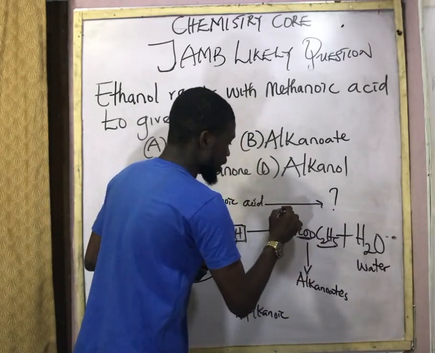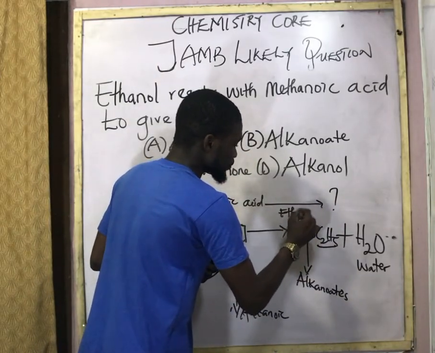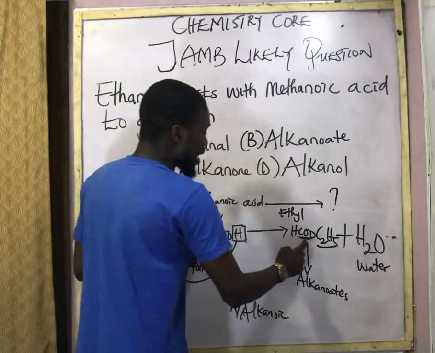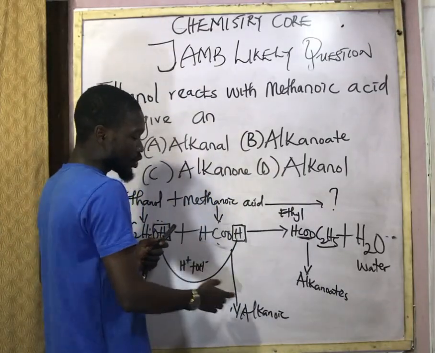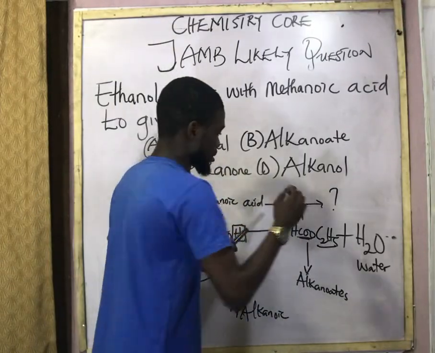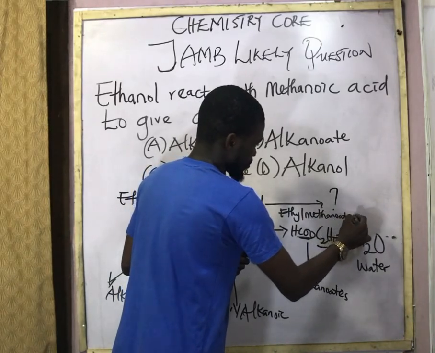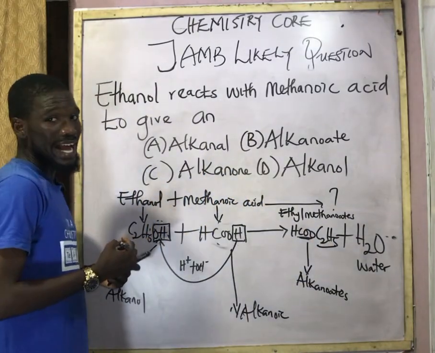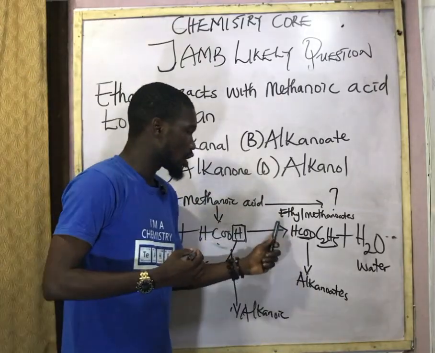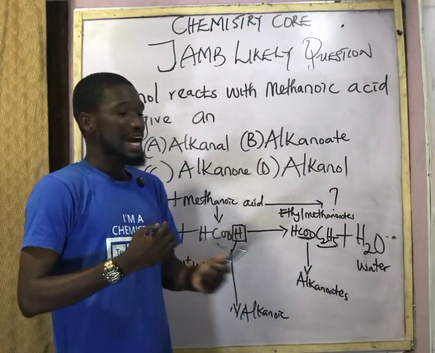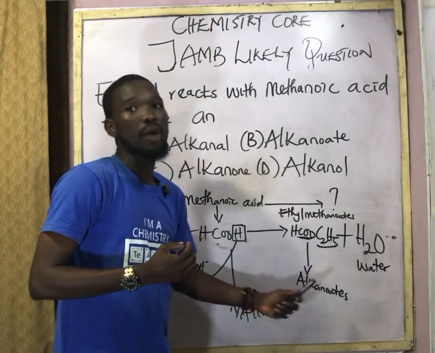What you have here is an ester, and from methanoic we get methanoate. So guys, this compound is called ethyl methanoate and the compound is an alkanoate.